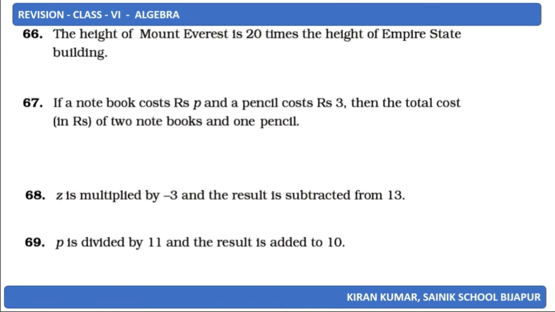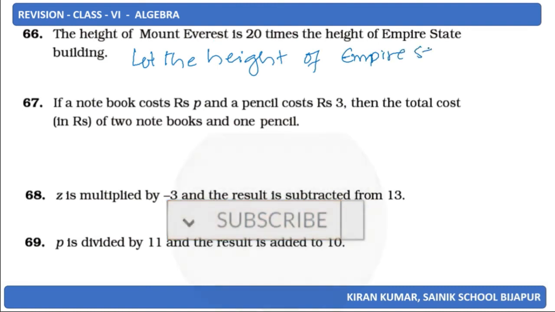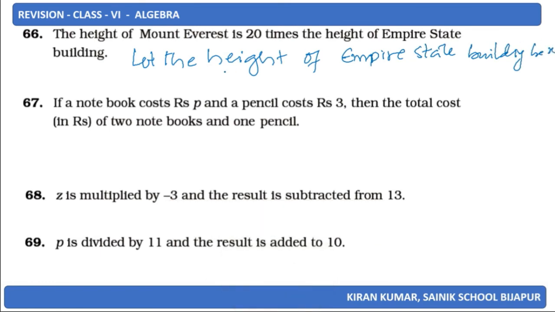Statement number 66. The height of Mount Everest is 20 times the height of the Empire State Building. Let the height of the Empire State Building be x.